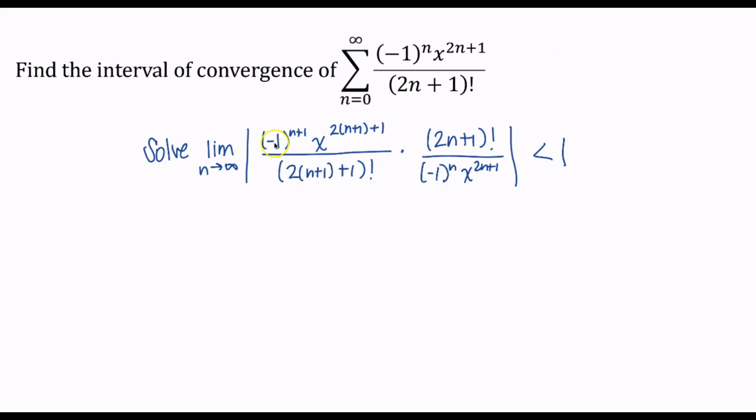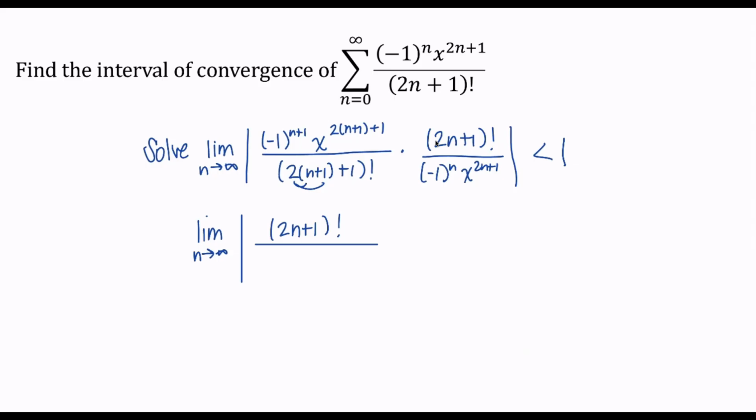What I'm going to do right away is just ignore the alternating factors because we're in absolute value bars. And then I'm going to start to group things together a little nicely. So I'm going to focus on the factorial parts. So what I'm going to have is the limit as n approaches infinity. In the numerator, I'm going to have 2n plus 1 factorial. In the denominator, I'm going to distribute the 2 into n plus 1.